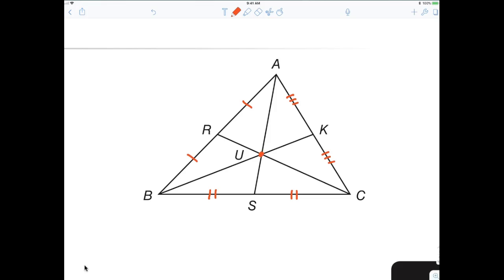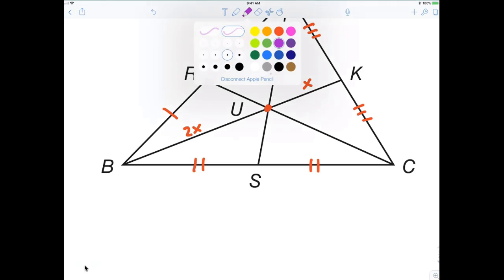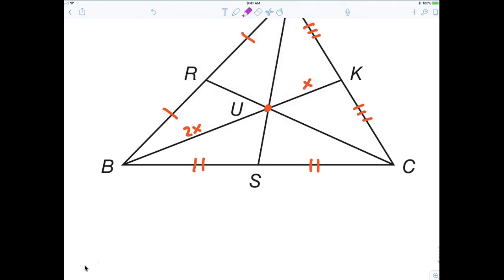What is interesting is that it divides each median into proportional parts. UK could be called X, UB would be called 2X, and BK is considered 3X.